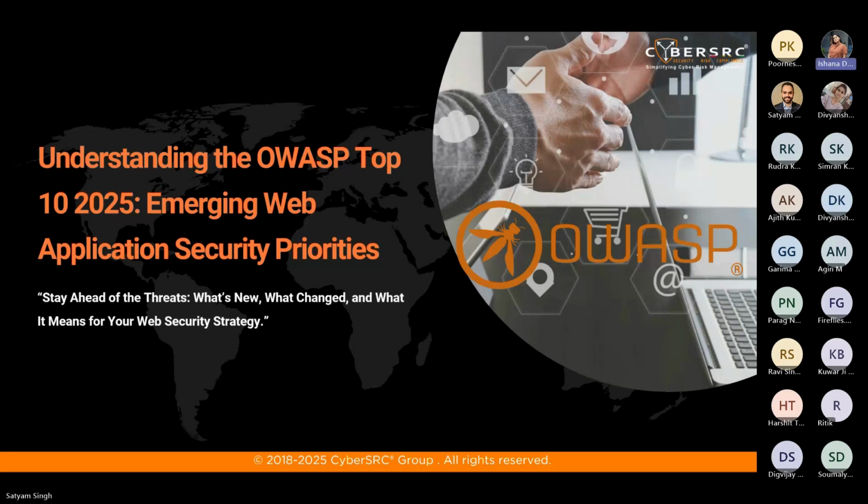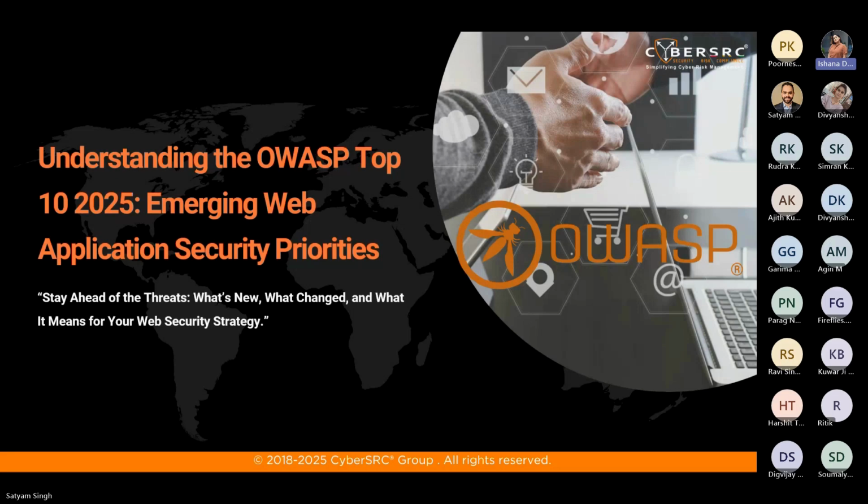Hello and welcome everyone. Thank you so much for joining us today. We're thrilled to have you here for our webinar on OWASP Top 10 2025: Understanding and Mitigating Modern Web Application Risks. My name is Ishana Dubey and I'll be your host for today's session. Before we dive in, let me give you a brief overview of what we'll cover. Introduction to OWASP, what it is and why it's trusted globally.